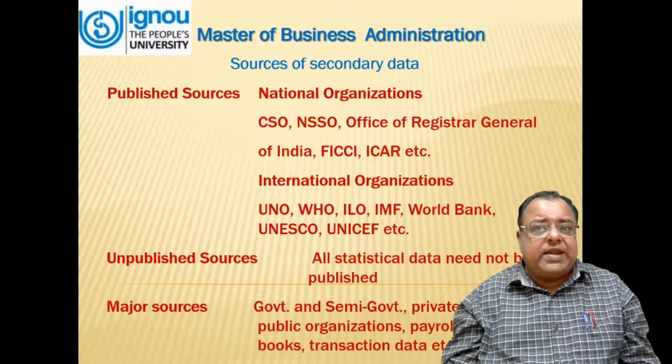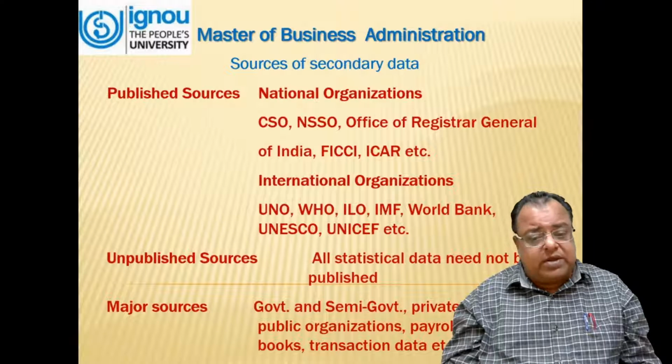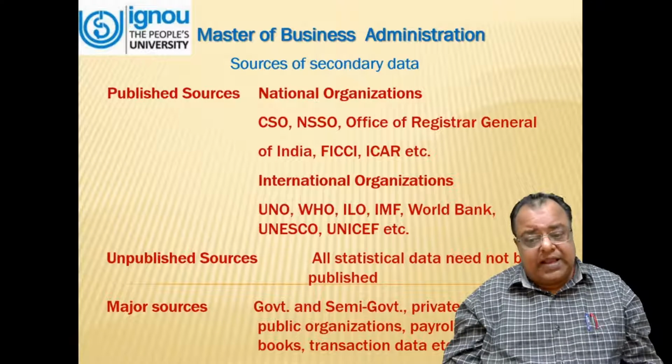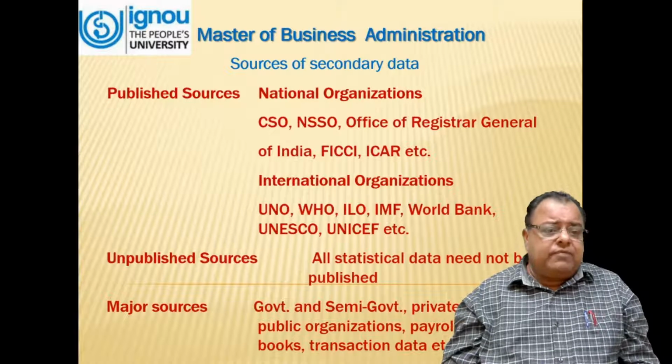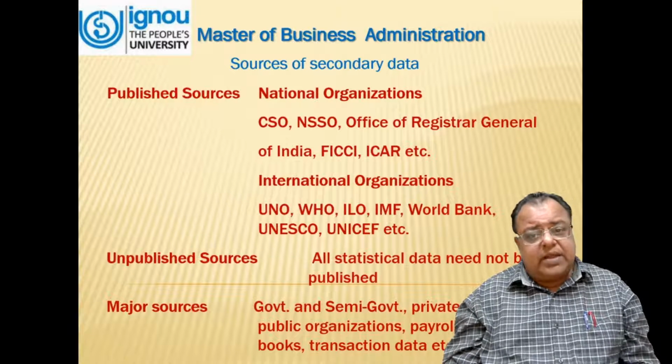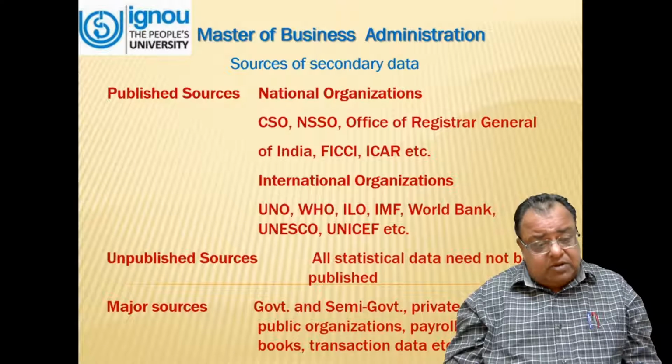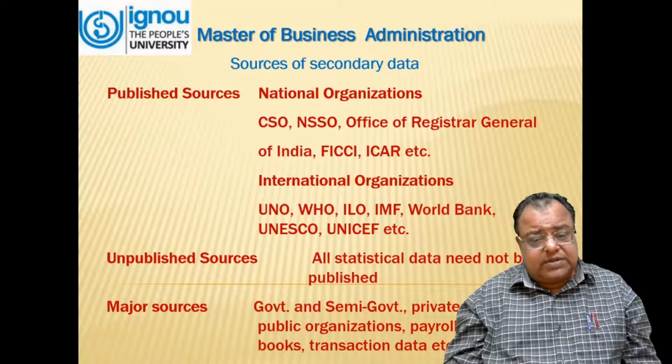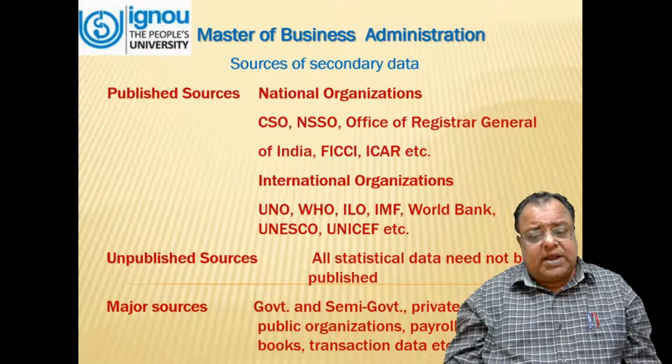And if we talk about international organizations, it can be UNO, WHO, ILO, World Bank, etc. Apart from published sources, secondary data is also available in unpublished sources. That is, not all statistical data has to be published. Major sources for that are government and semi-government, private and public organizations, payrolls, cash books, transaction data, etc.